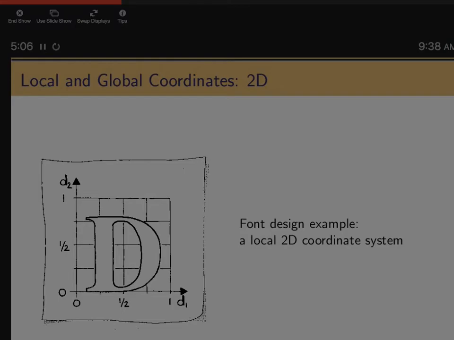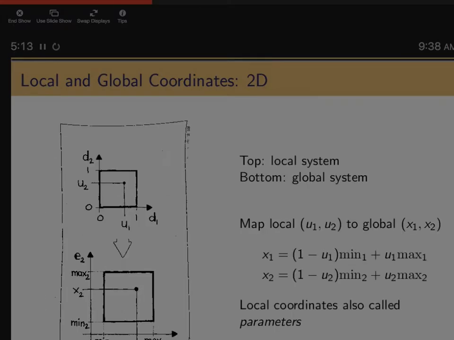If I want the letter D to be rotated, I can make the box and rotate it. We're going to stick for now with simple non-rotational transformations. So if I have the local coordinate system for the letter D and I want to put it on my screen, I can describe that transformation of a box. Again, this is non-rotational, just a simple scaling and translation.